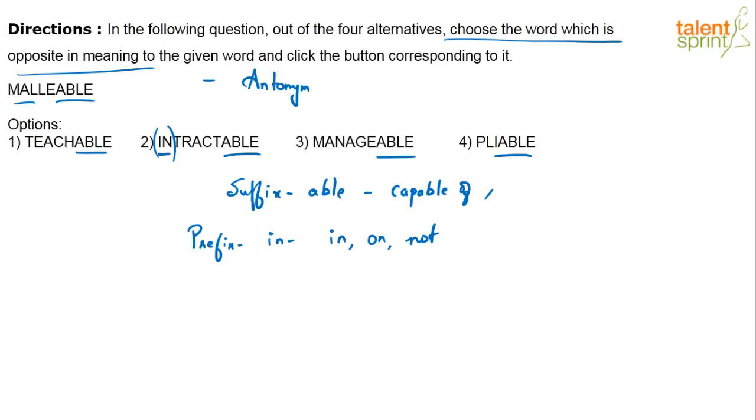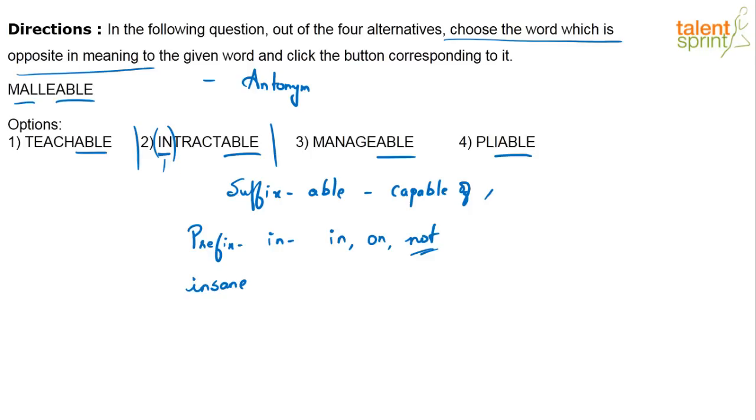So we know words where it gives the meaning of not, like insane. So every other option, malleable, teachable, manageable, pliable, is giving me some sort of ability to do something. The only thing sticking out is option 2 with this prefix in, which means not.